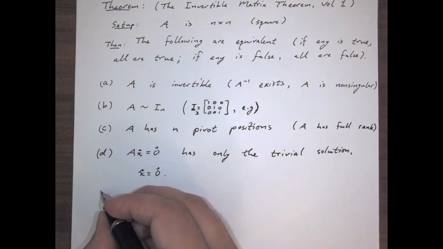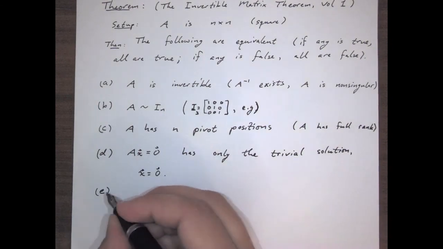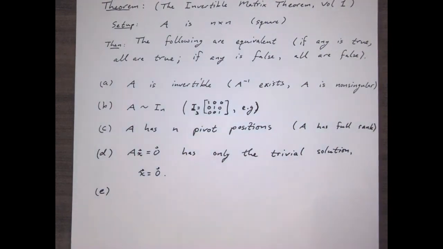But wait, what does that mean? That means that if we think of x as being combinations of the columns of A, so we can think of x as being the weights of the different columns of A, this means that there is no combination of the columns of A that equals the 0 vector, except the combination that is 0, 0, 0, 0.